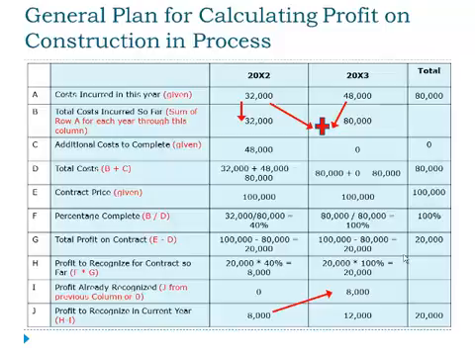So in 2002 we're 40% complete, in 2003 we're 100% complete. In G, we can calculate what the total profit on the contract is. That's the contract price minus the total estimated costs in D. And here in our simple case, that remains the same at $20,000 in each period.